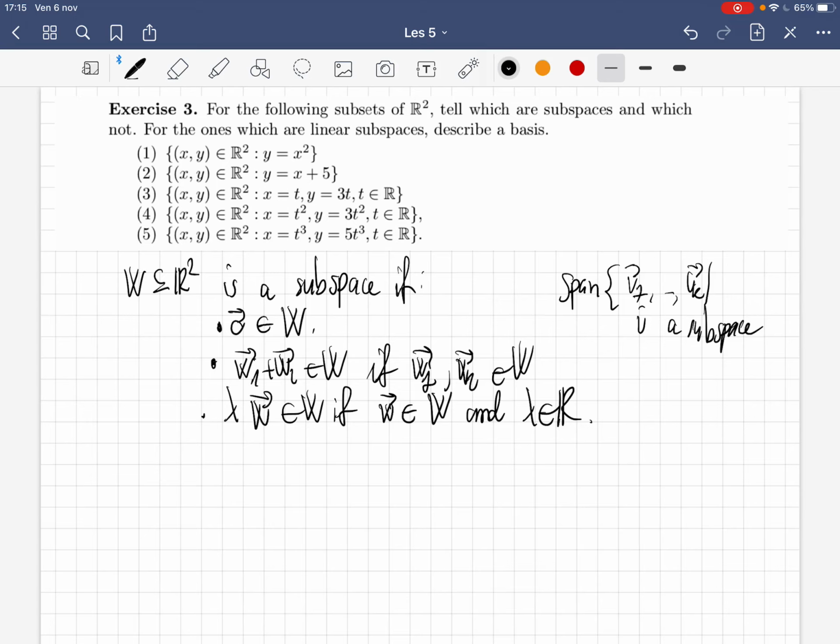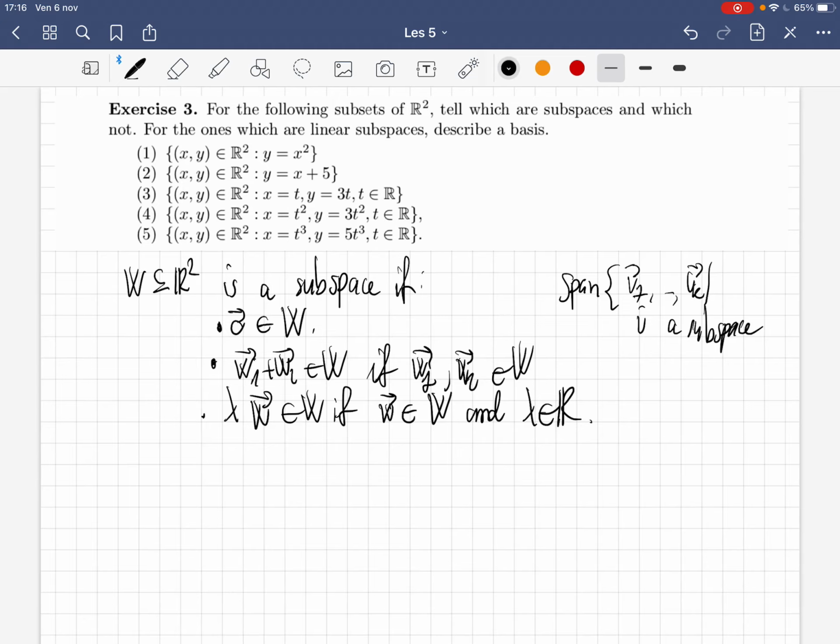And as we've seen before, the image of a matrix is the span of the columns of the matrix, and the kernel of a matrix gives information on the linear independence of its columns. Okay, very good.